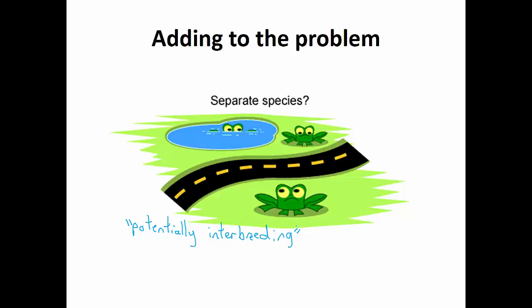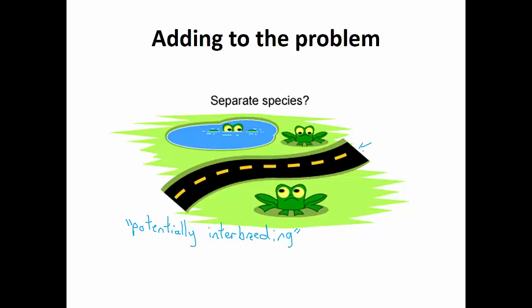Let's take this population of frogs, for example. What if this population of frogs is divided by the highway, as shown here, and it prevents the two groups of frogs from interbreeding? They would interbreed if the highway wasn't there, but because they don't, should we say that they are separate species?